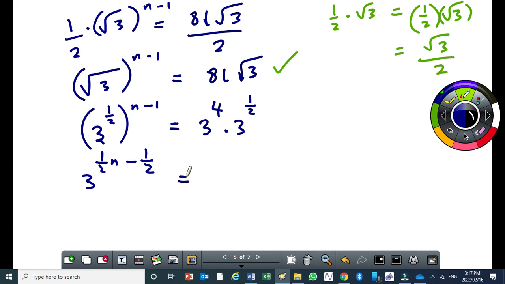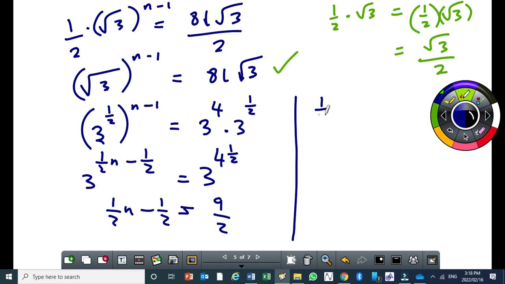I hope you are aware. So this will become 3 to the power of 4 and a half. 4 and a half is the same as 9 over 2. Since I have the same base here, I can write this as half n minus a half is equal to 9 over 2, because 4 and a half is the same as 9 over 2. Now I can solve. So I'll take the minus a half to the right.